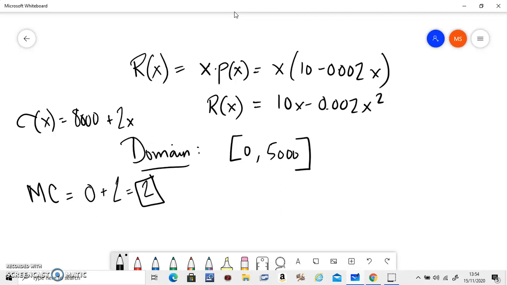Now the main thing here is to explain the meaning of this. So remember, if you're doing application, you will have to explain the meaning of your answer. So the meaning of 2 here is every additional product you make, it will cost you $2 or £2 more, whatever the unit is. Let's say it's dollars. So whatever additional unit you make, it'll cost you $2 more.